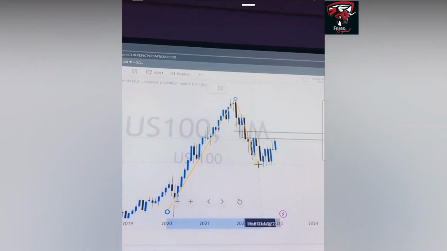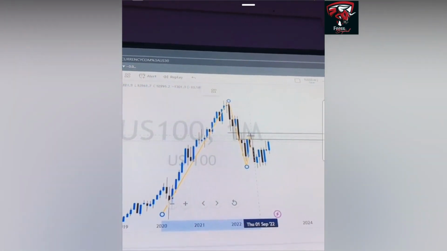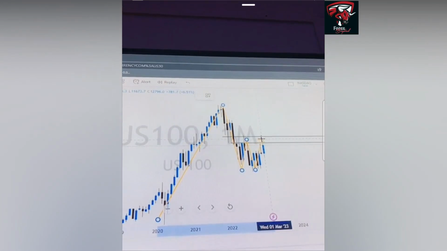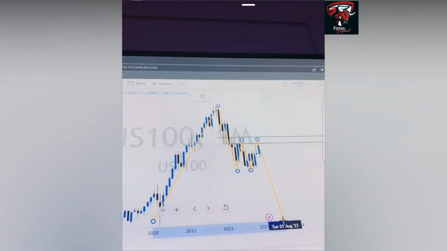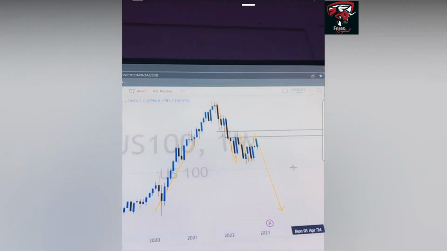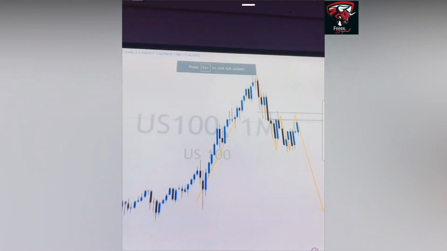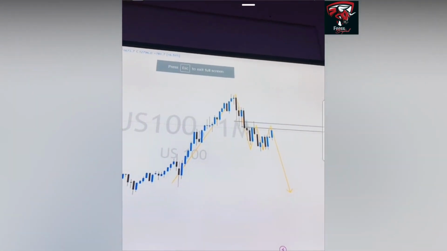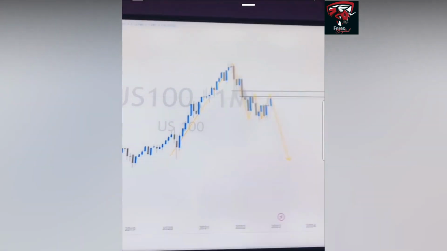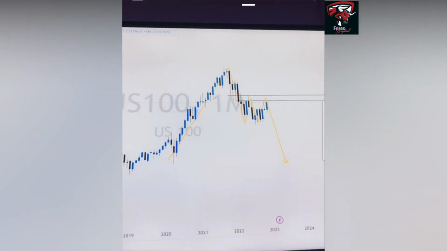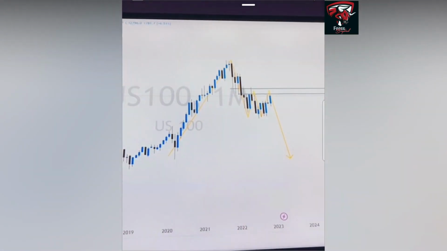Now impulse to the downside. And what? Consolidation. The markets consolidate. And what? Correction to the downside. That is your structure. This is your structure on the monthly. Do you understand? This is your structure on the monthly.